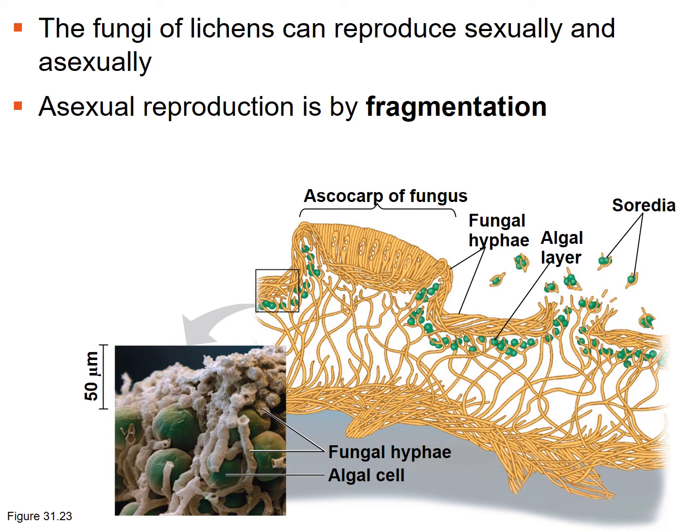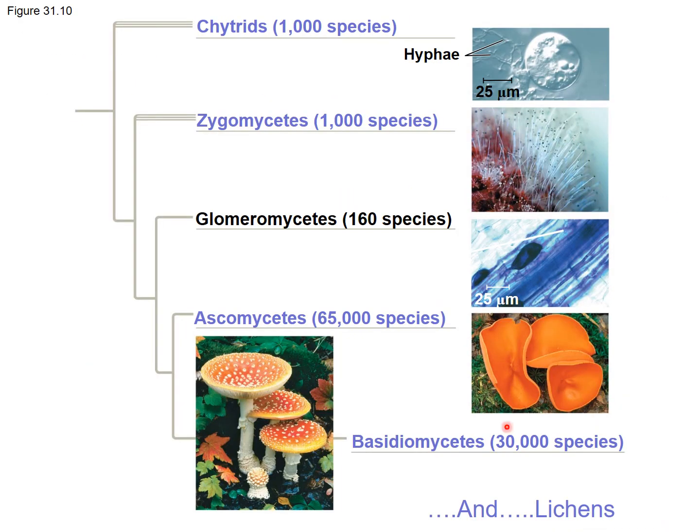All right, so we basically talked about the life cycles of the Chytridiomycota, the Zygomycota, the Ascomycota, the Basidiomycota, and what happens with the lichens. We did not talk about Glomeromycota because Glomeromycota are often Basidiomycota.